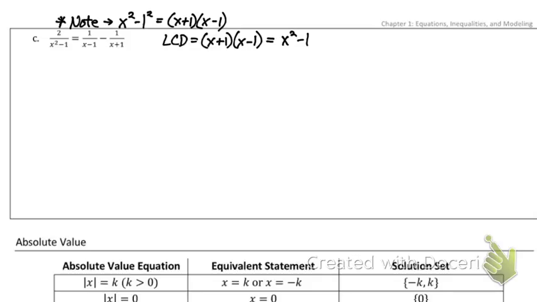We'll multiply the left side by x squared minus 1 times 2 over x squared minus 1. And we're going to multiply the right side by the alternative, x plus 1 times x minus 1. And once again, we can do that because they're both equal to each other. I'm still multiplying both sides by the same thing.